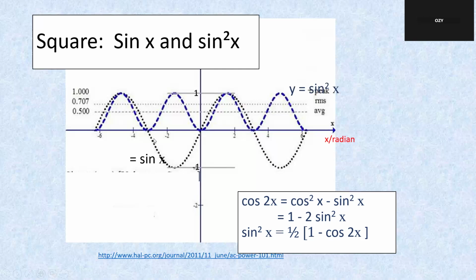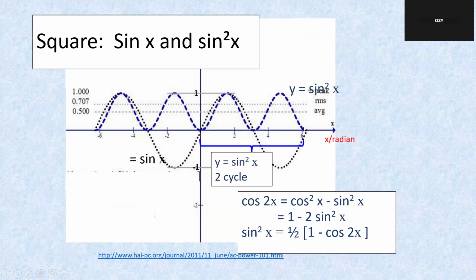Right? This is your sine x curve. This is your sine square x. By squaring it, you change it to 2 cycles. This is 1 cycle, minimum to minimum is 1 cycle.